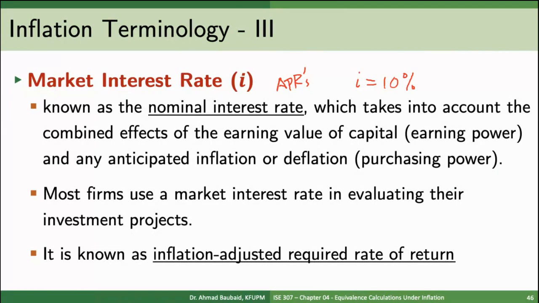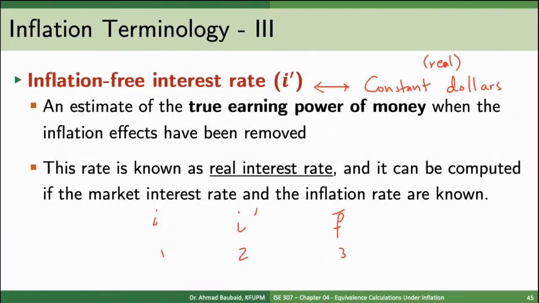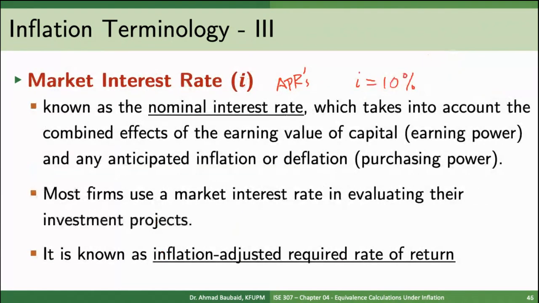However, the true earning power is how much additional purchasing power I've earned. That is the inflation-free interest rate, which may be something different, okay? Sometimes this is also known as the inflation-adjusted required rate of return, which is long term, but it's just there for your information, okay? And actually, market interest rate is what companies and banks are mostly going to be using in their projects, right?